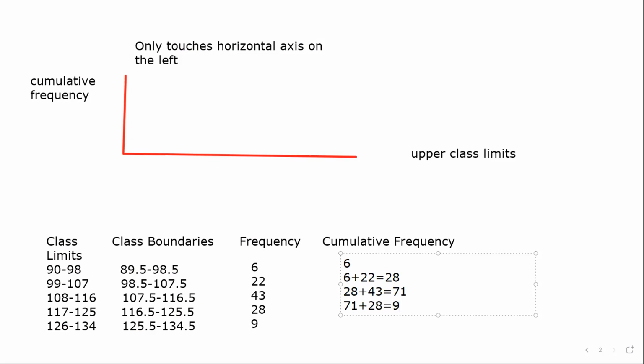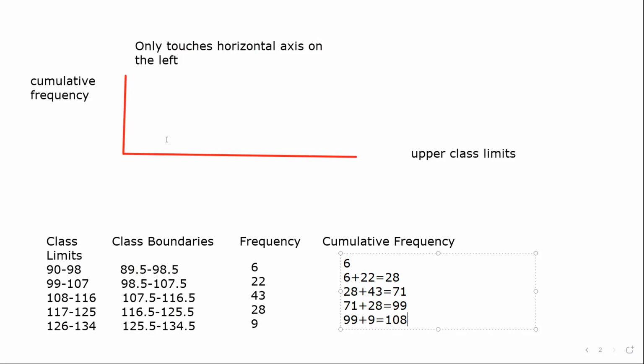And then 99 plus 9 should give us 108. Now, do we have 108 values in the frequency column? If I add 6 plus 22 plus 43 plus 28 plus 9, that equals 108. Okay, so we know we're probably good there.